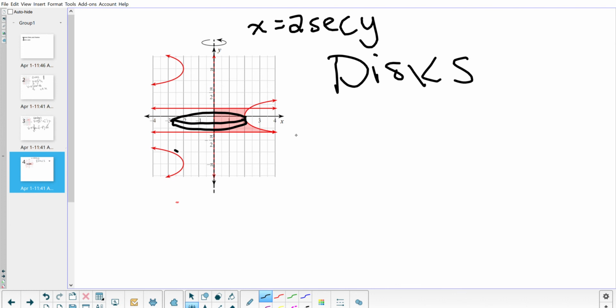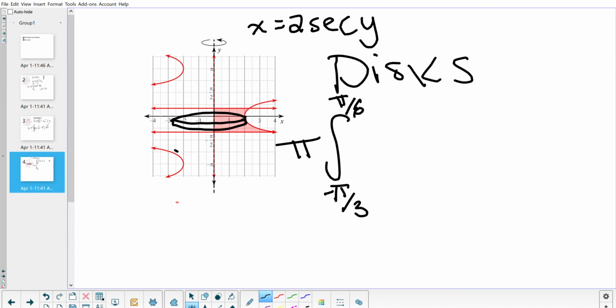So we have pi, and this time, since we're doing the y-axis, these need to be y values. So it goes from negative pi over 3, that's what those horizontal lines are spelled out, to pi over 6.